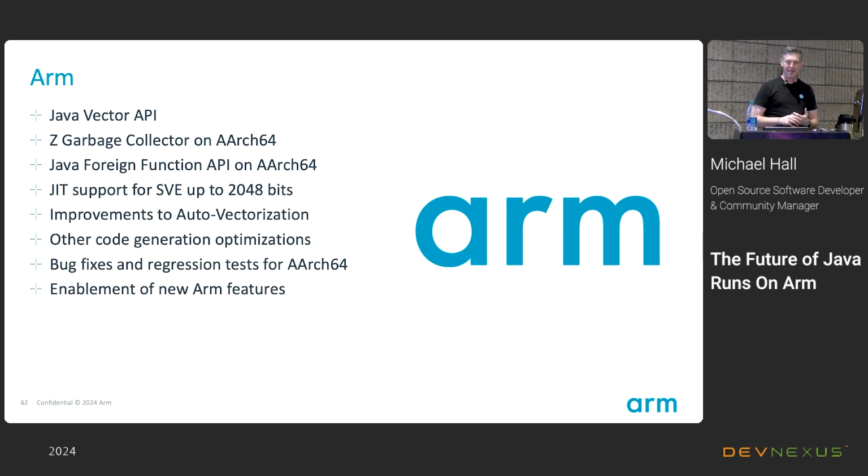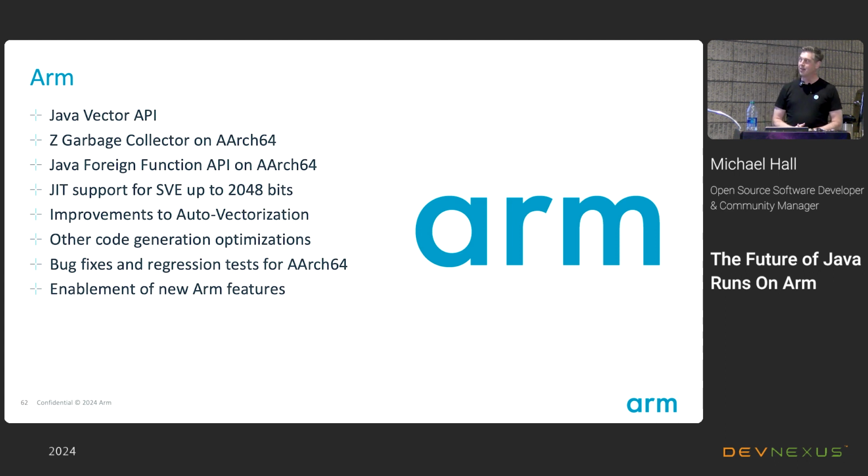And then ARM. We've been busy too with this. Like I said, we're working closely with the developers who are working on that Java Vector API so that we make sure that it's using the best ARM instructions on the latest ARM architectures. ARM also ported the Z garbage collector to AArch64, as well as the Java foreign functions API.